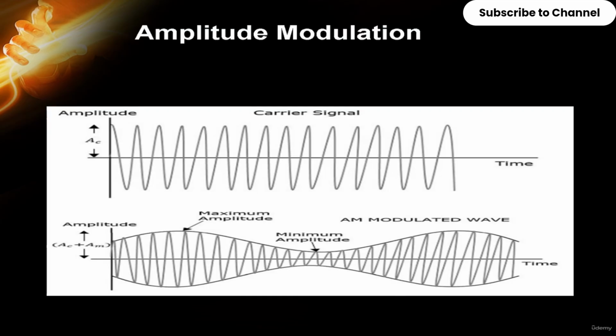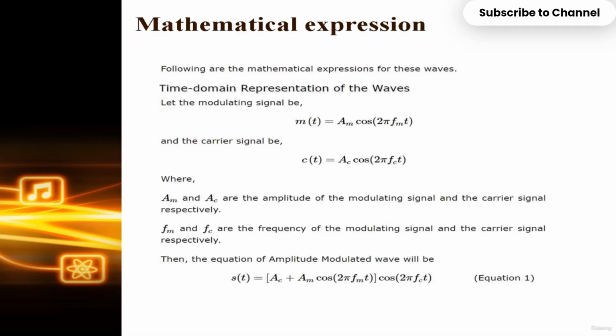So in amplitude modulation, this is the message signal, and this is the carrier signal. Here you can see the maximum amplitude according to the signal, and here we have minimum amplitude according to the signal. So this is the amplitude modulated signal, right? Next are the mathematical expressions. The message signal is denoted as m(t), given by the cosine formula Am cos(2π fm t), and the carrier signal formula is given as c(t) = Ac cos(2π fc t).